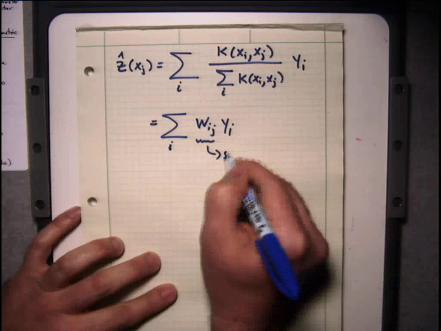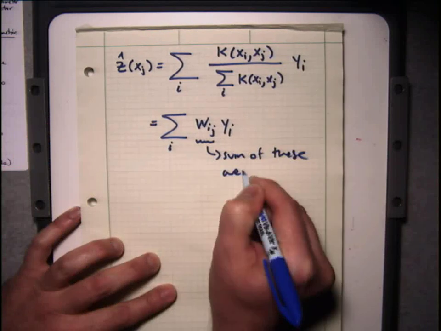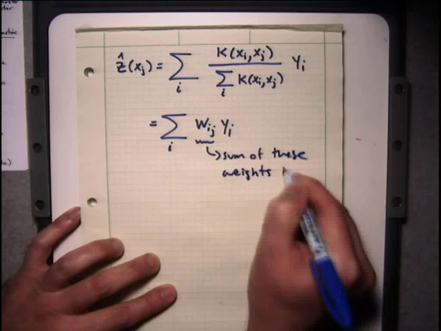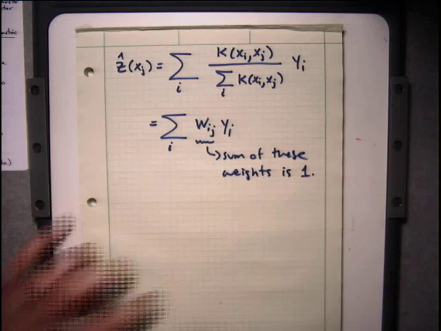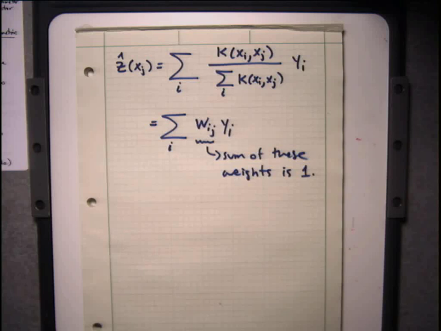So the sum of these weights is 1. Okay, so what this does is it automatically produces weights that give high and low importance depending on where you are.